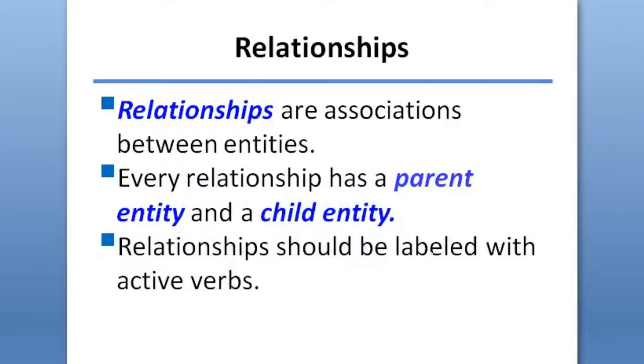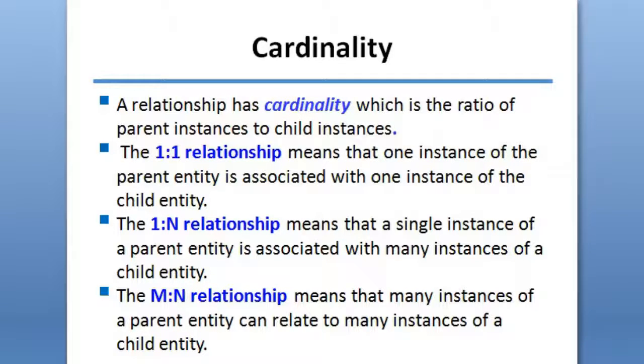When we are talking about cardinality, it's a ratio of parent instances to child instances, and these are described in three ways: a one-to-one relationship, a one-to-many relationship, and a many-to-many relationship. The one-to-one relationship shows that a single instance of a parent entity is associated with a single instance of a child entity.